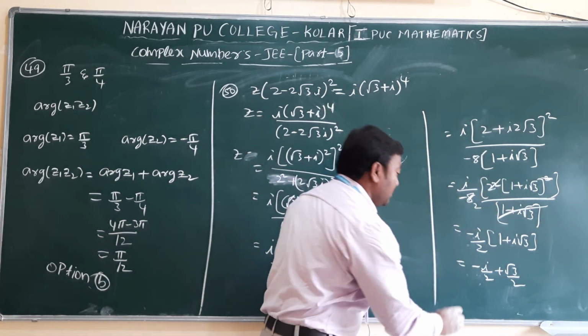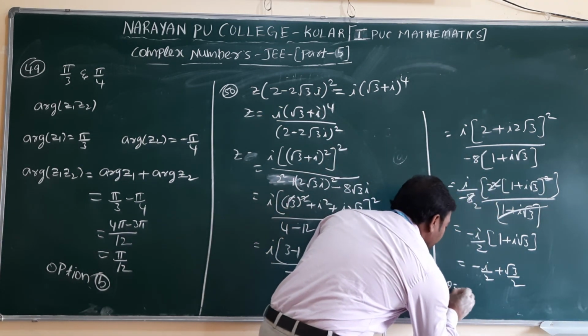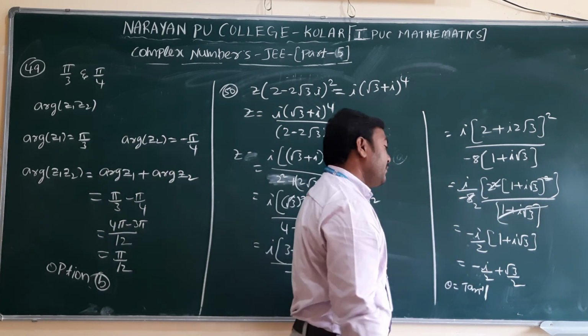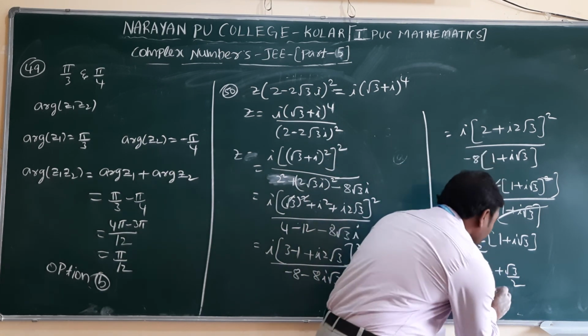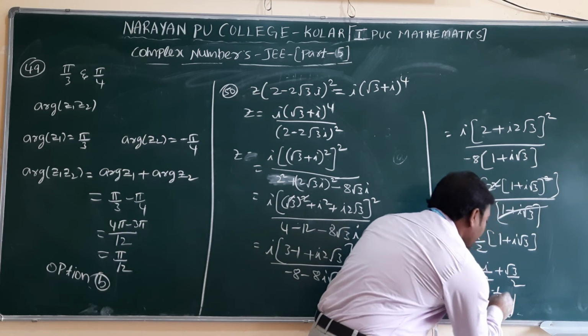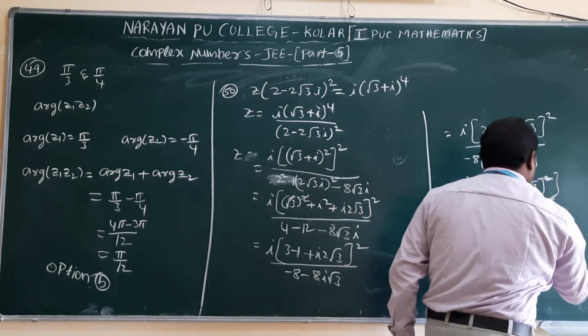Now theta is tan inverse of y by x, tan inverse of the modulus of y, that is 1 by 2, divided by root 3 by 2. The 2s cancel.